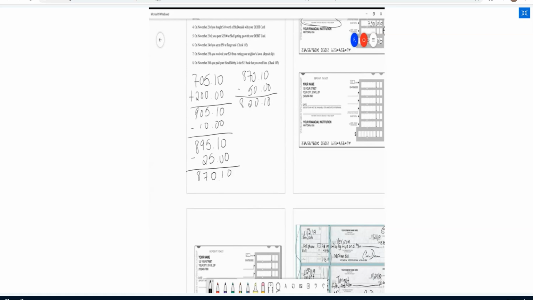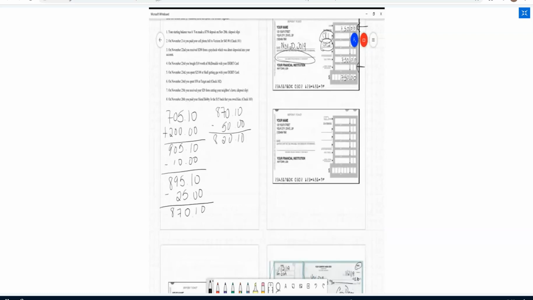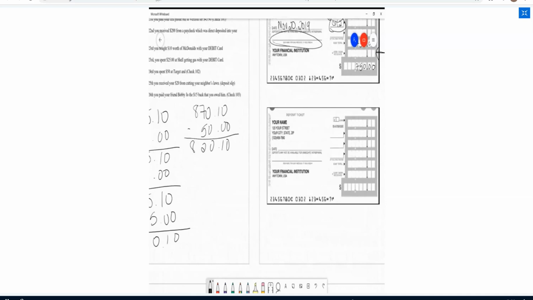All right. We've got two more. On November 25th, you received your $20 from cutting your neighbor's lawn and you're going to deposit it. Okay, so we're going to come over here and do a deposit slip. So November 25th, cash of $20.